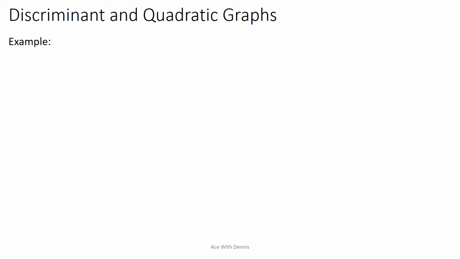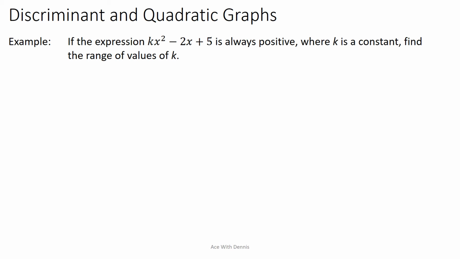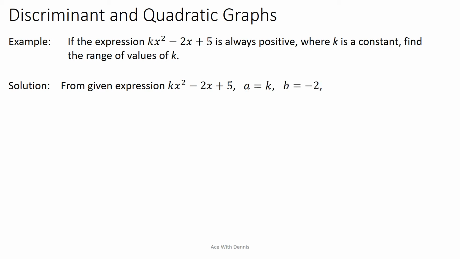Let's look at one example related to discriminant and quadratic graphs. If the expression kx squared minus 2x plus 5 is always positive, where k is a constant, find the range of values of k. The solution is, from the given expression kx squared minus 2x plus 5, we know a is k, b is negative 2, and c is 5.